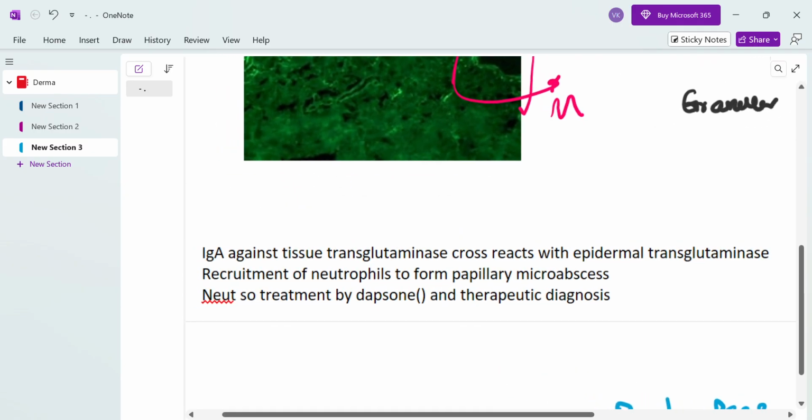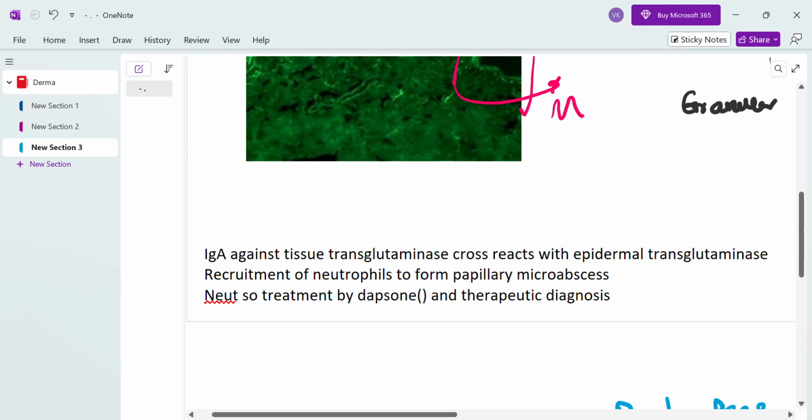And then what is the pathogenesis of dermatitis herpetiformis? The IgA that is formed against the tissue transglutaminase in the intestine cross reacts with the epidermal transglutaminase, which causes recruitment of neutrophils in these papillary tips to form papillary microabscess. We know that abscess is pus and pus is neutrophils. So that is why it is a neutrophilic condition.